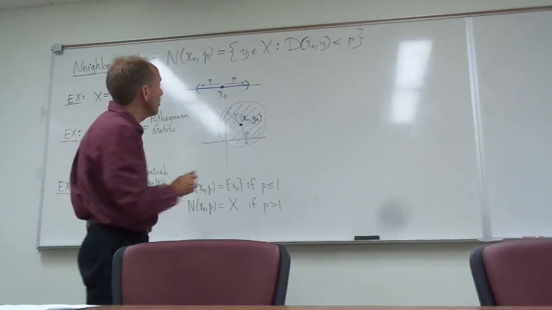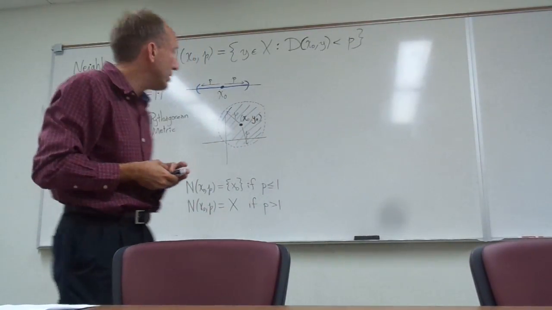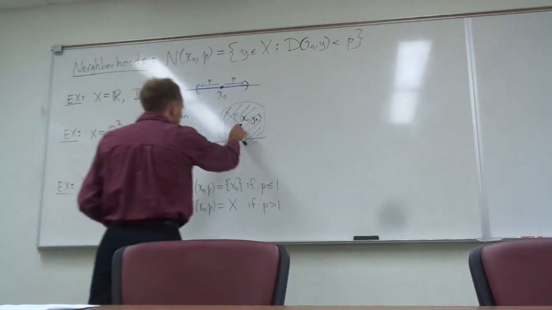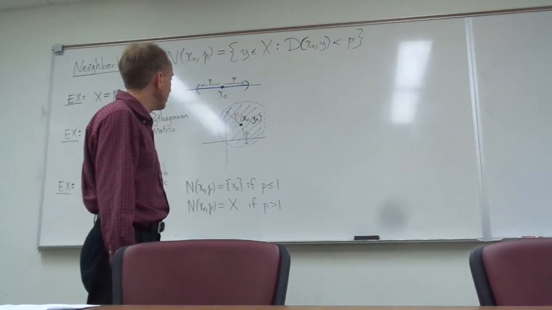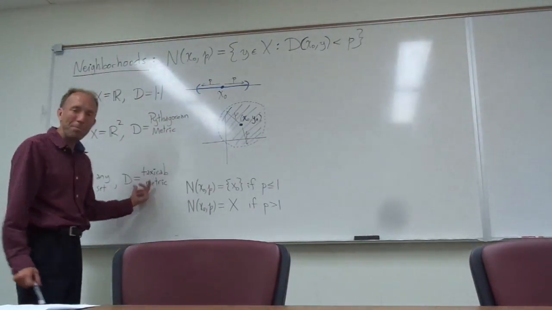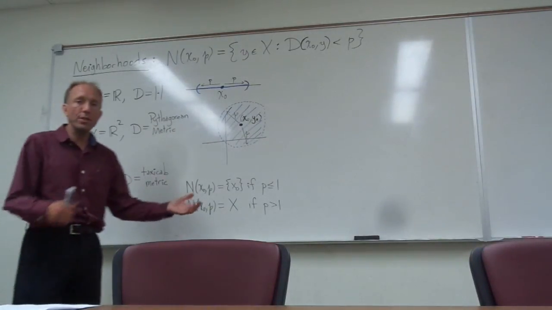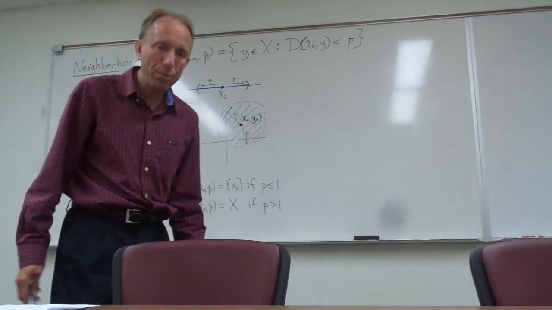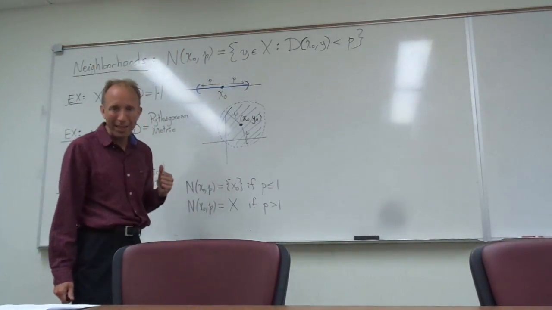They do not include the boundary. You're looking at all of the points that are within p units of the center, which is centered at that point x naught, y naught that you have fixed. Okay. And finally, we looked at this taxicab metric. If you take any set and you define the distance between any two distinct points to be equal to 1, well then there's only two types of neighborhoods you can get.